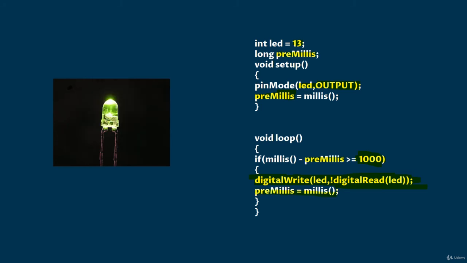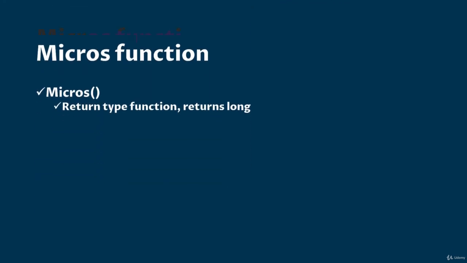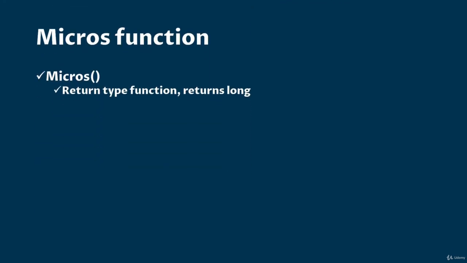Now here I am swapping the value of pre-millis. I am giving a new millis value to pre-millis, because millis is still counting. So I have to swap that value, otherwise this if statement will not work. Now you can practice this as an assignment. So I am giving you this assignment, and let's move to our next function, that is the micros function.